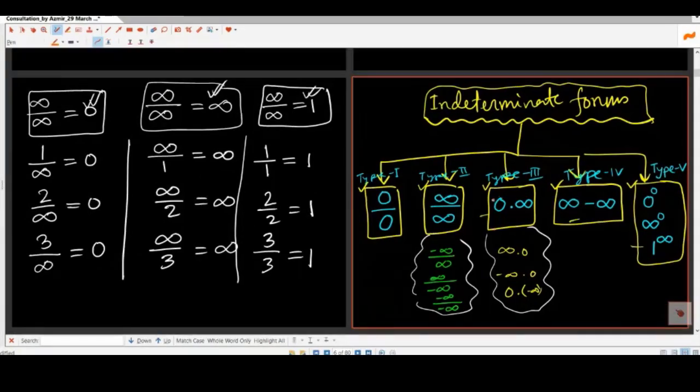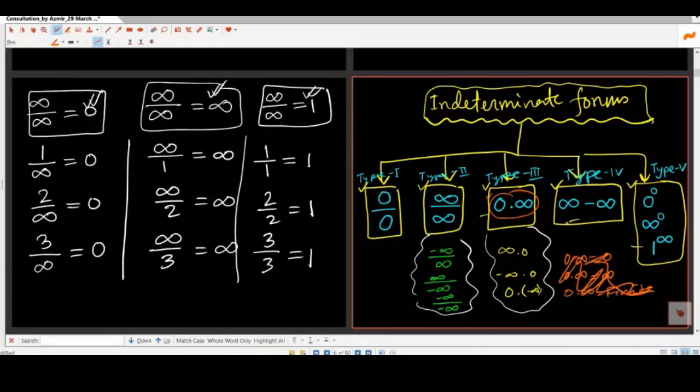Let's say we have 0 times infinity. There is always a contest between 0 and infinity. The result may be 0. The result may be infinity. Or the result may be a finite number.